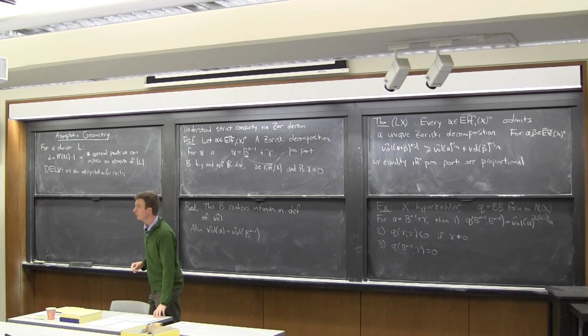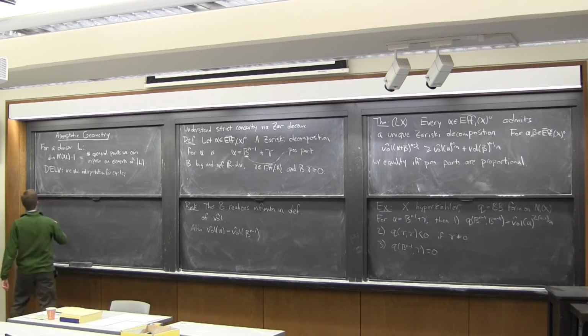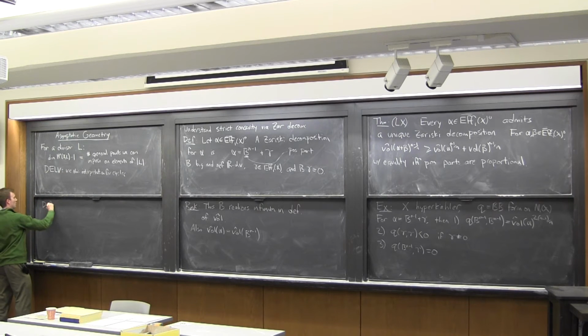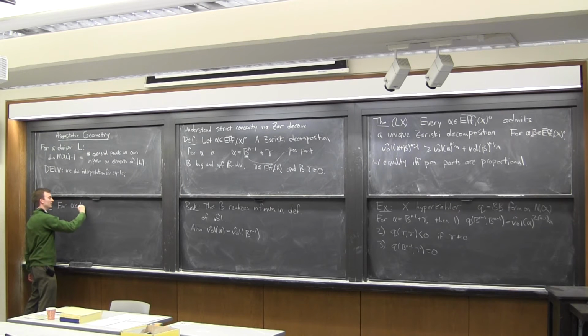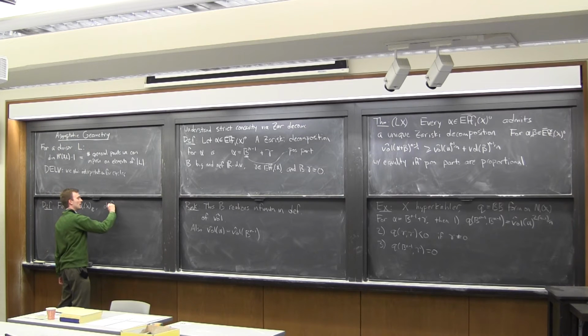Okay, so let's make that into a definition. For a curve class alpha, and now I want to insist that it's in the lattice which corresponds to actual 1-cycles, let's define the mobility count.